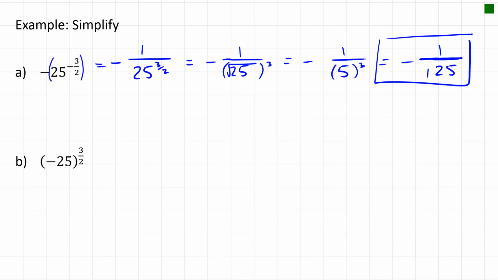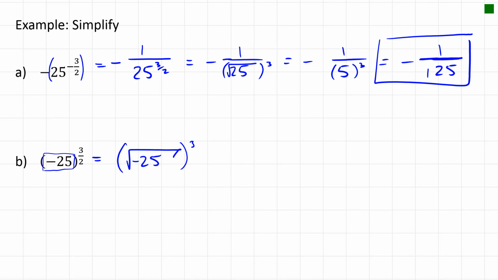Moving on to the example below, negative 25 and then 3 over 2. Well, that negative now is stuck to the 25, brackets first. So all of this has to be dealt with. And I don't have a negative in the exponent. So it's just negative 25. And then I'll apply the square root and then cube it.